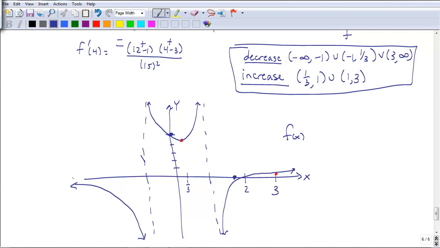Notice it's decreasing from negative infinity to negative 1, and from negative 1 to 1/3, and from 3, oh, I'm sorry, I have a mistake there. And it's also from 1 to 3, it's increasing, but from 3 to infinity, it has to start decreasing again.